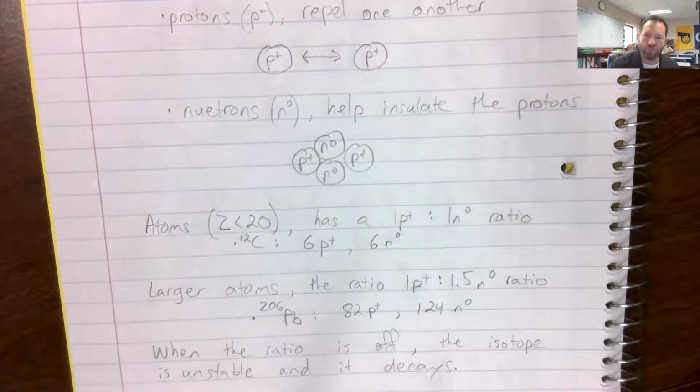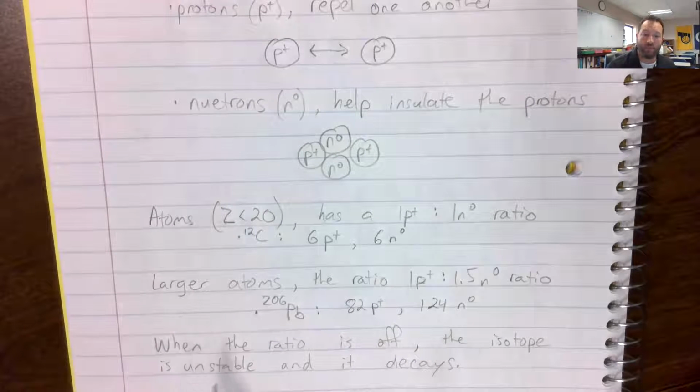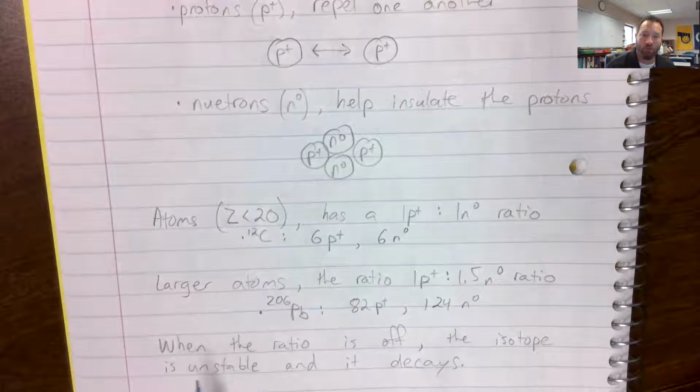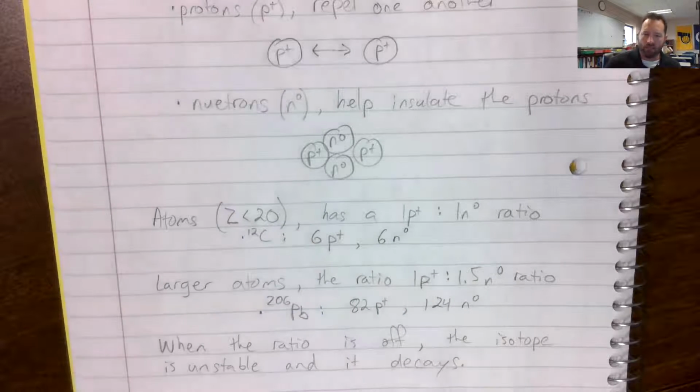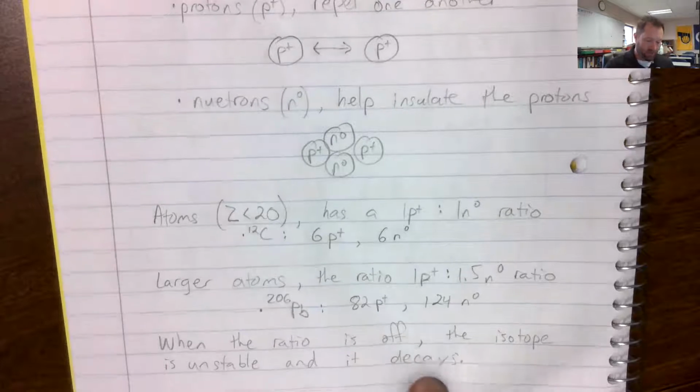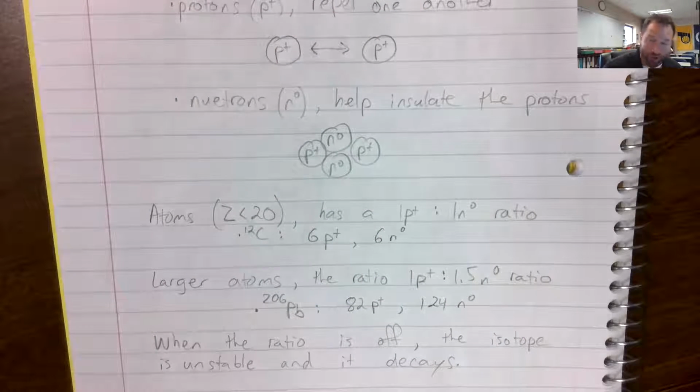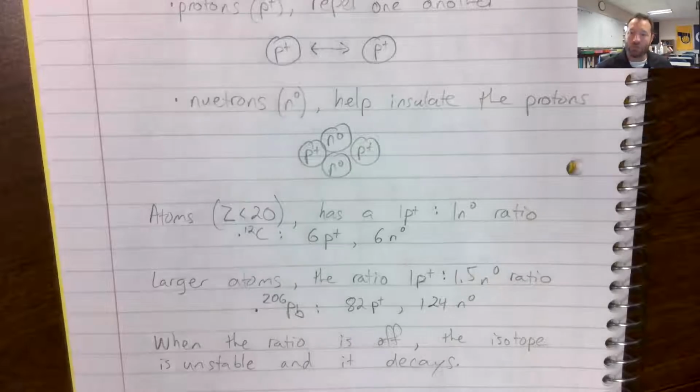So when that ratio is off, the isotope is now what we call unstable. The nucleus is going to fall apart. We call that decaying. And that's what nuclear radiation is. If you've heard of nuclear radiation, that's an atom decaying. It's an atom falling apart. And that's a lot of what we're going to focus on in this chapter.